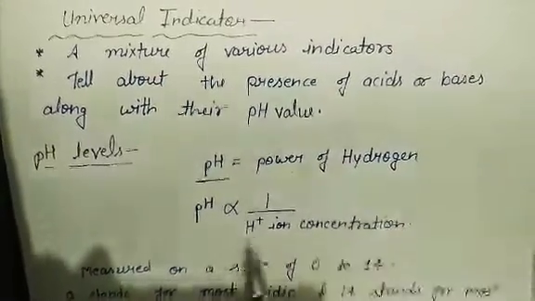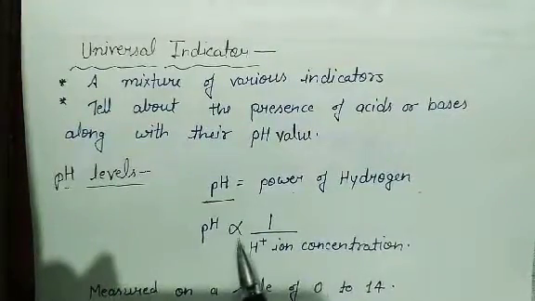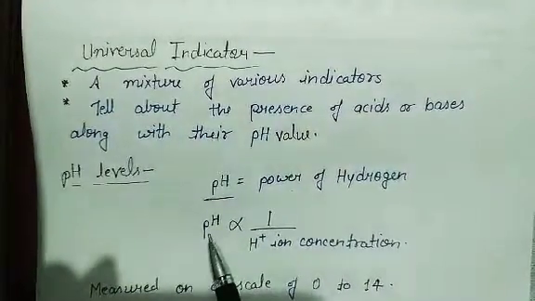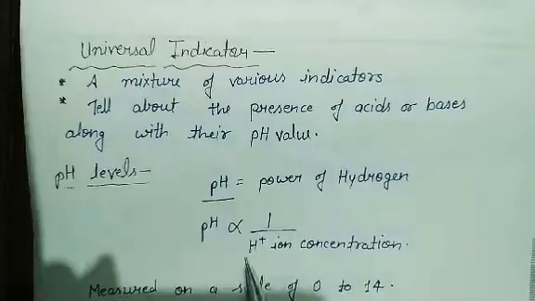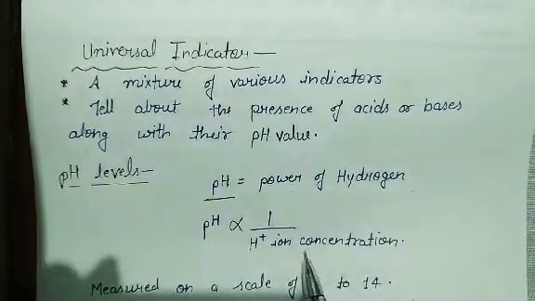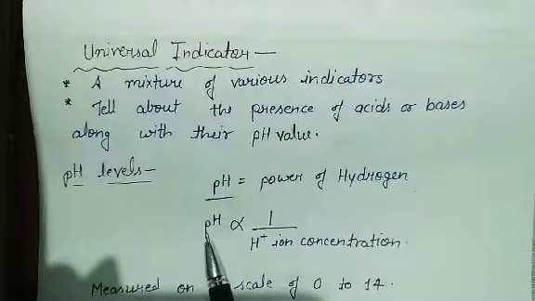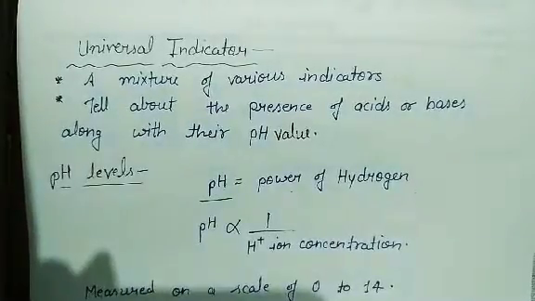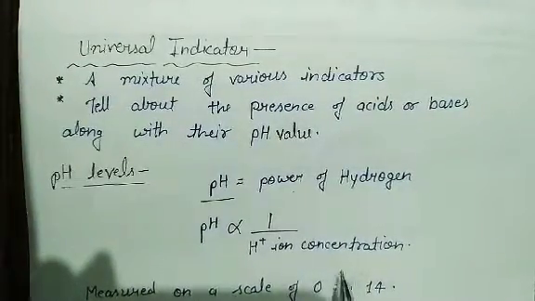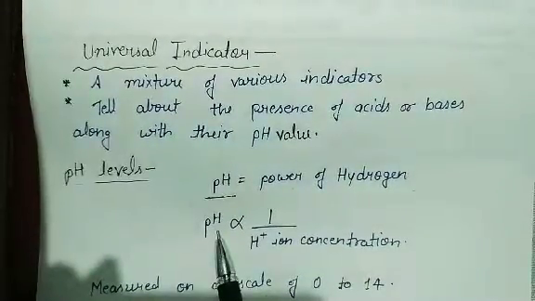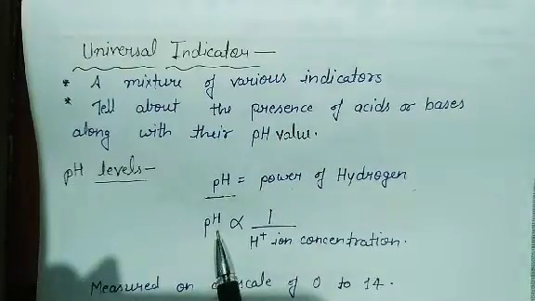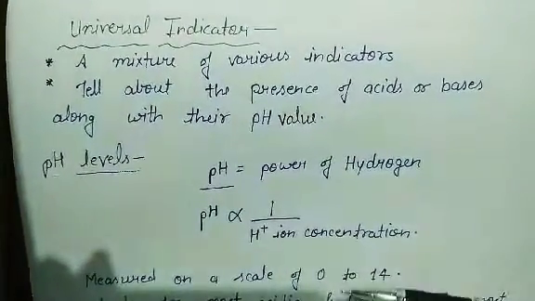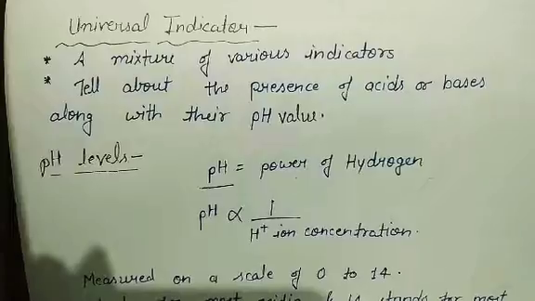So as the hydrogen ion concentration is inversely proportional to pH, the lower the hydrogen ion concentration, the higher will be the pH. So the stronger the alkali is, the higher will be the pH. We will see it from other examples.